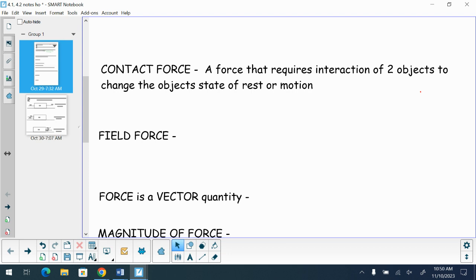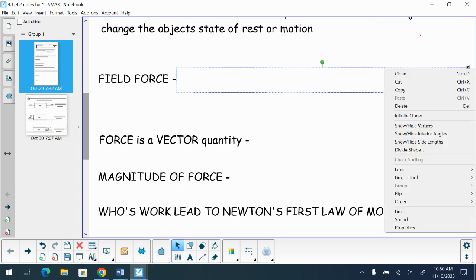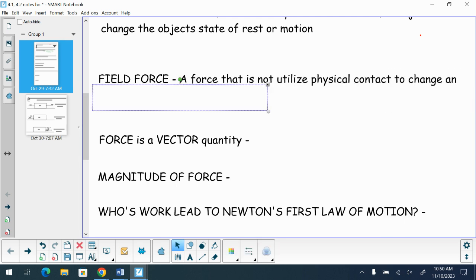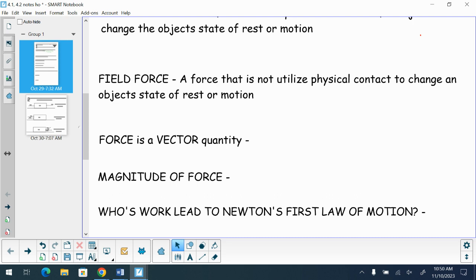The second is a field force. It's a force that does not utilize physical contact to change the object's state of rest or motion. This is a field force.